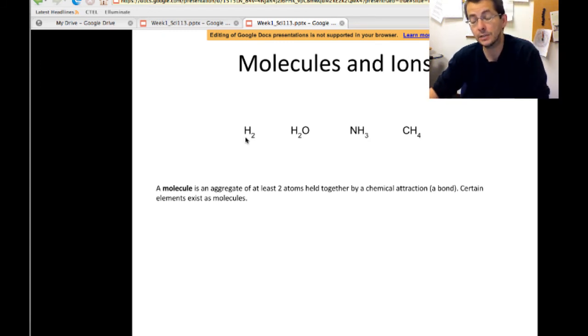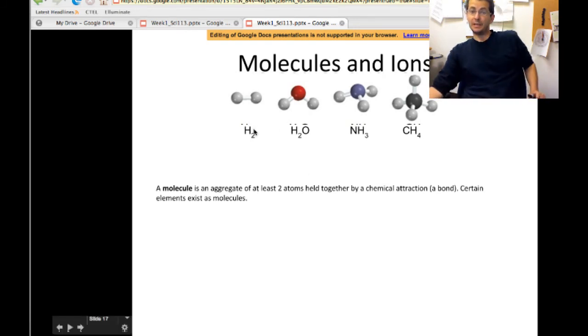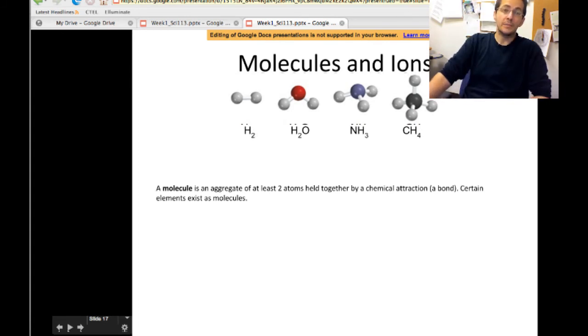Most materials that we deal with are big, huge groups of atoms that are stuck together. Elements themselves can also exist as molecules. So these are molecular entities, 2 or more atoms held together. Atoms represent these little sticks, and how they're held together is not quite as important at the moment.